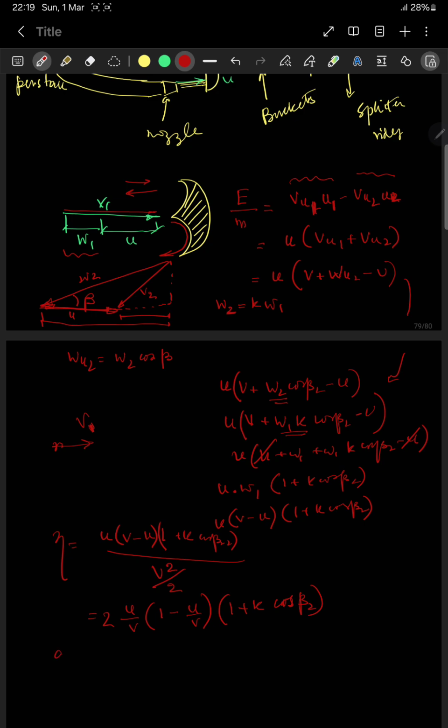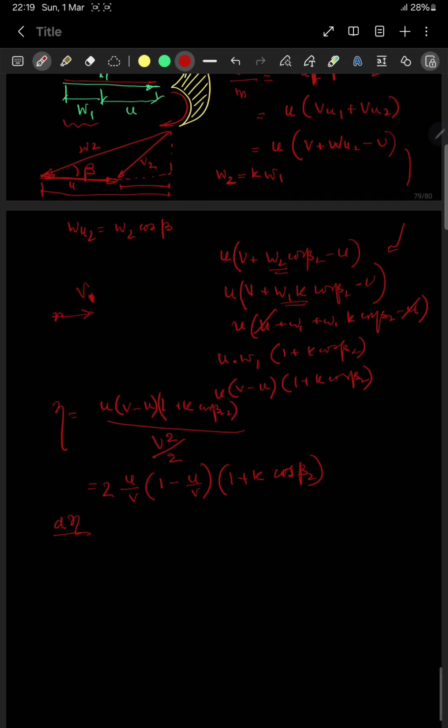So if you want to find the relation between the speed of the wheel, speed of the bucket, and the speed at which the water leaves the nozzle, that is u by v. This is equal to, this is a constant, multiplying these two, let's say a into 1 minus 2u by v.